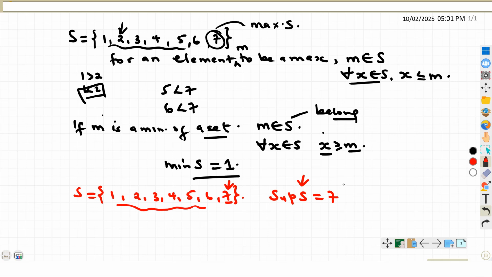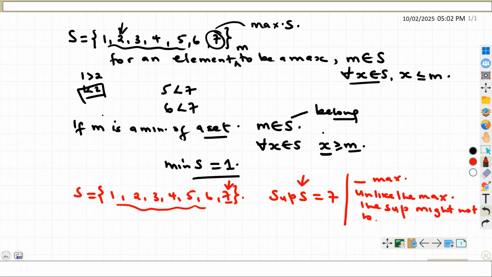We shall also distinguish it from the maximum by saying that, unlike the maximum, the supremum might not be an element of the set.